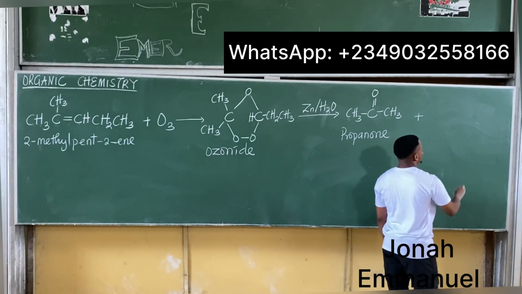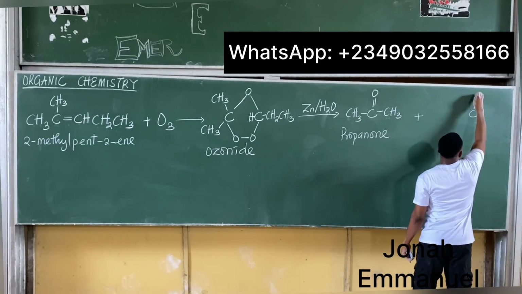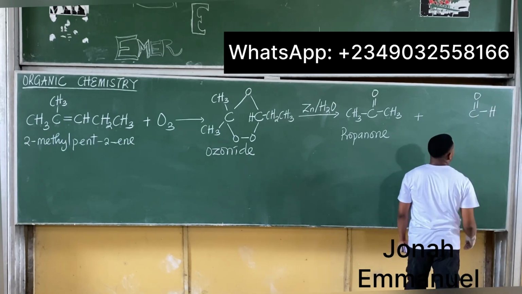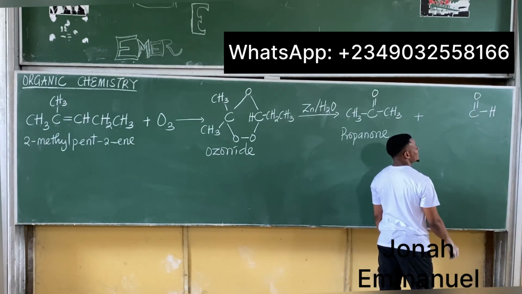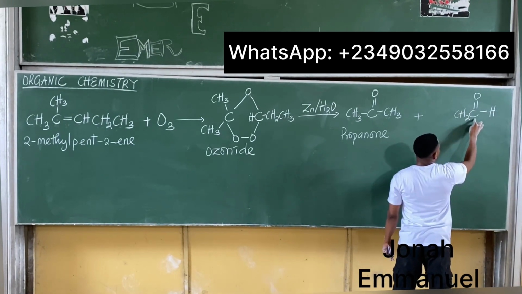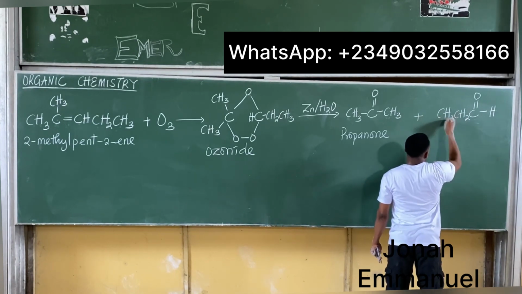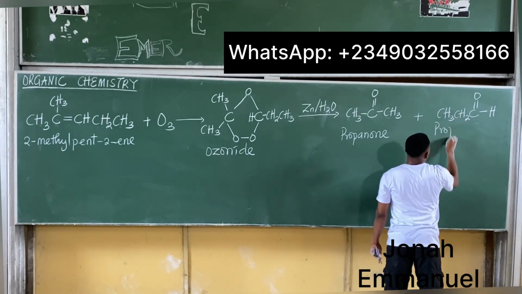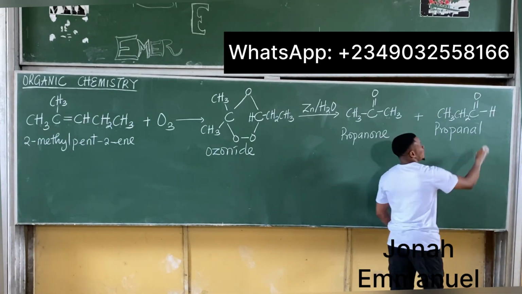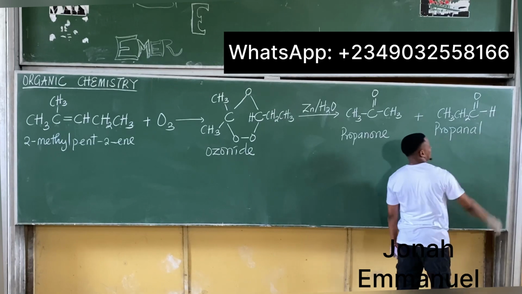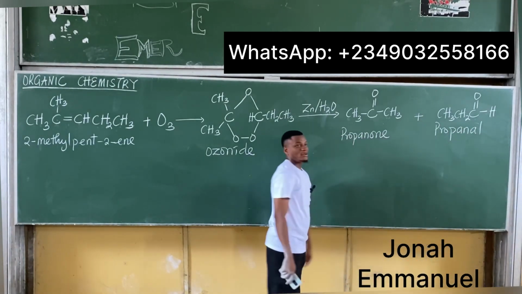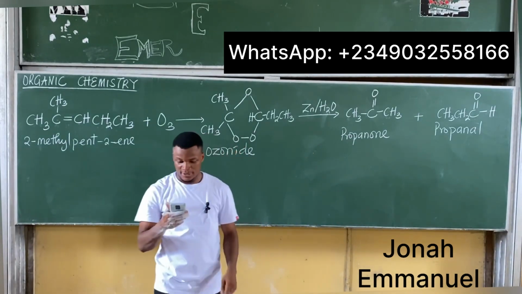For an alkanal, the carbon bearing the O is attached to hydrogen on one side. Then if it must be a propanal, I still need 3 carbon atoms, so it becomes CH2, this is 2, and then CH3. This gives you propanal. So it's an alkanal because on one side I have hydrogen, as we explained before. That's your answer.